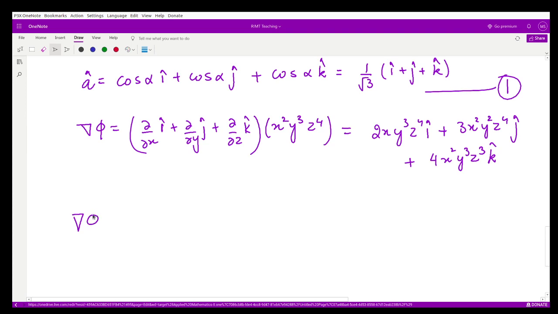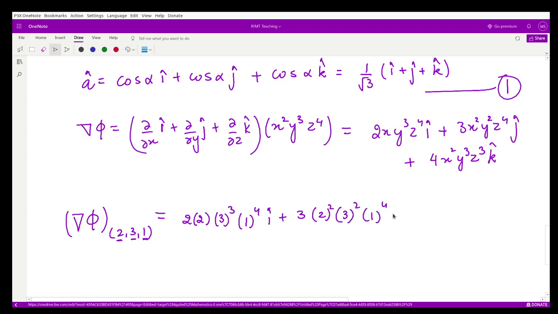Now we are to calculate this gradient at the point 2, 3, 1. So this would be obtained from this when you substitute the value of x as equal to 2, y as 3 and z as equal to 1. So it would be 2 into 3 to the power 3 and then 1 to the power 4 i cap, 3, 2 to the power 2, 3 to the power 2 and then 1 to the power 4 j cap plus 4 times 2 to the power 2, 3 to the power 3, 1 to the power 3 k cap.